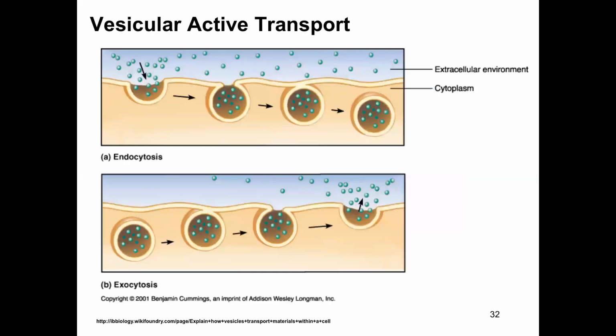Okay. Now, there's other types of active transport, meaning it needs ATP, but it doesn't involve proteins per se. I mean, it does involve proteins if you look at how this functions, but now this is what we're talking about in terms of vesicles. Vesicles are membrane-bound structures that contain stuff, right?